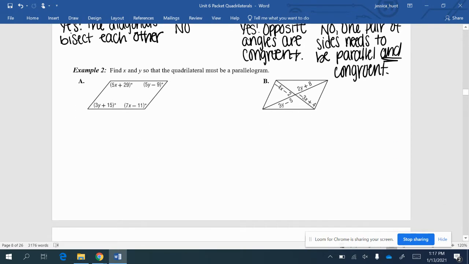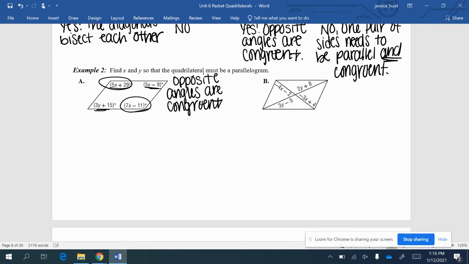Example 2, find x and y so that the quadrilateral must be a parallelogram. So this is pretty similar to what we did in 6.2, except here I know that my opposite angles are congruent. Since I know my opposite angles are congruent, I can set them equal to each other.